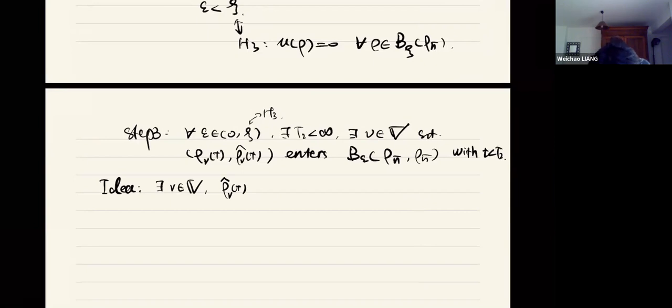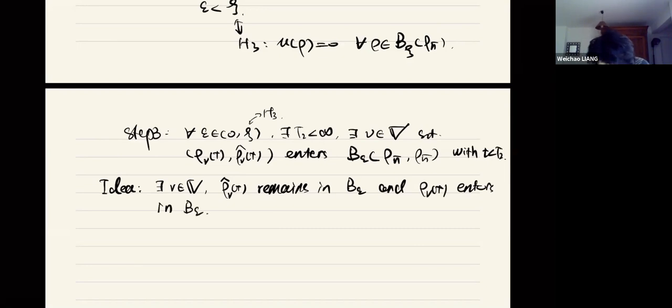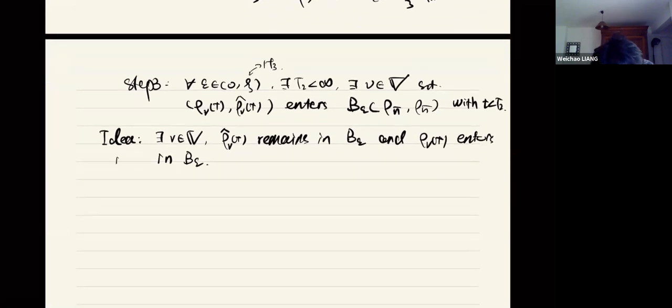Next we want to show that the solution of rho v hat always remains in this neighborhood B epsilon, and at the meantime the solution rho of the actual state can enter such a neighborhood. And epsilon can be chosen arbitrarily. This idea is inspired by the approach in Tristan's paper.